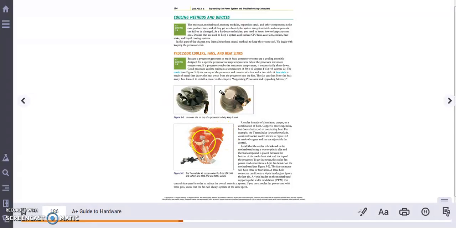You see how this fan here, for example, looks kind of orangey red. That's probably made out of copper. That's what a lot of heat sinks and thermal handling devices tend to be made of in computers, because copper draws heat and removes heat very well.